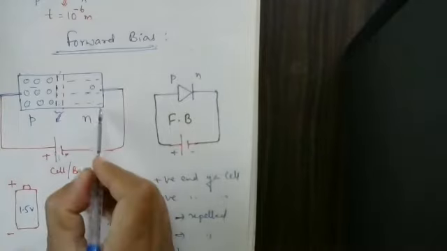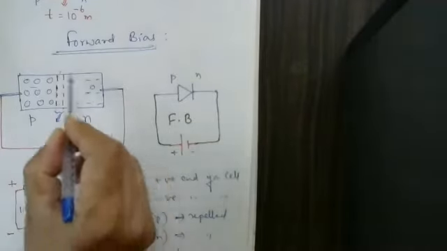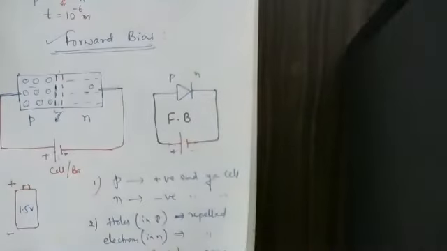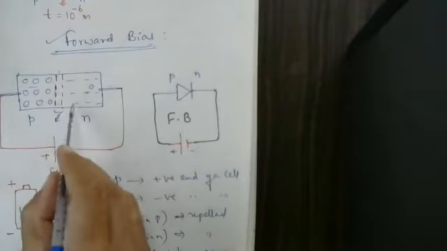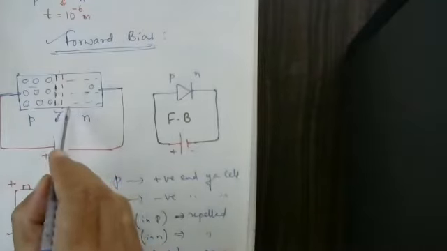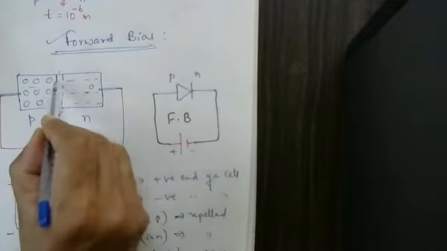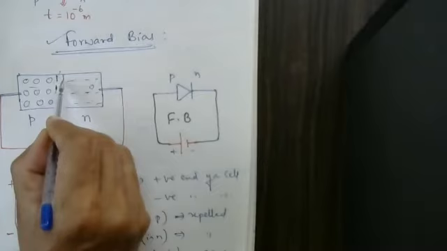Going back here, if this is made up of silicon material, in your practicals you have forward bias. In your practicals we are using the silicon diode. If we use a silicon diode, the junction potential is 0.7 volts.